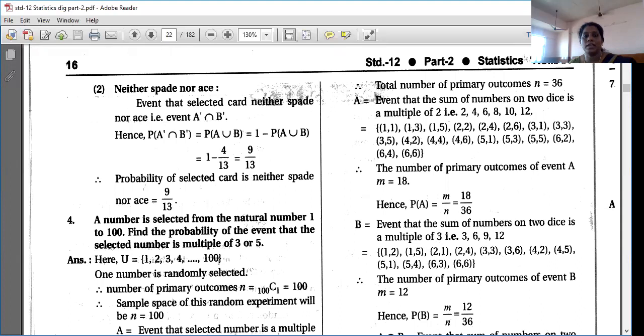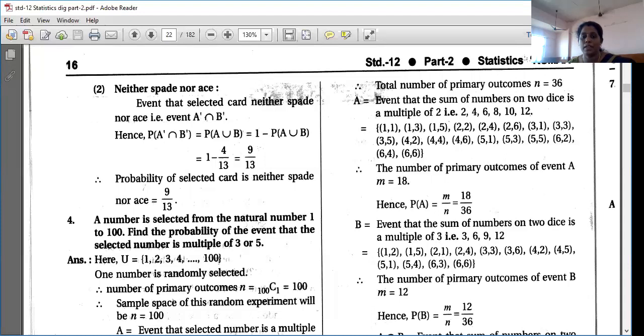Right. Now 1, 3, that is 1 plus 3 is 4. Then 1, 5 we will not, 1, 4 we will not take because 1 plus 4 is 5 and 5 is again not a multiple of 2. So in this way you have to take that the addition should come in the table of 2, should be the multiple of 2.